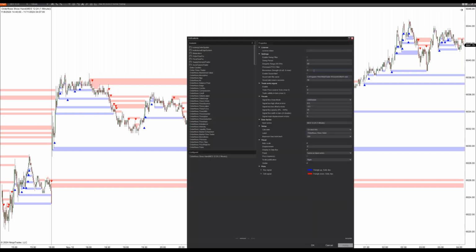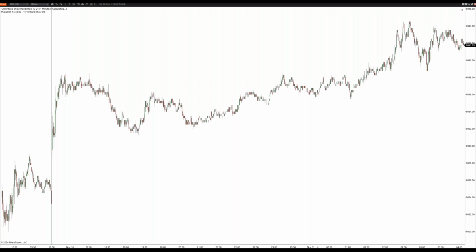Now, that's with momentum strength. If you're using such a low disparity range, 50, I do recommend keeping the momentum strength on. If you turn it off, you're going to get a lot of signals. Just to show you here real quick.